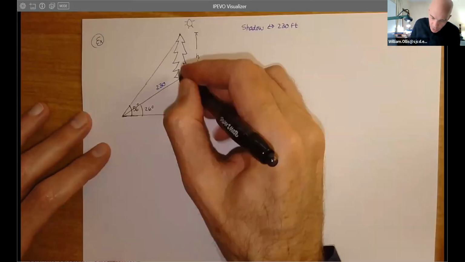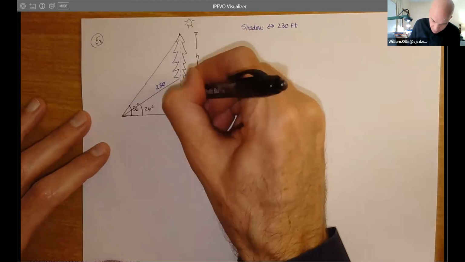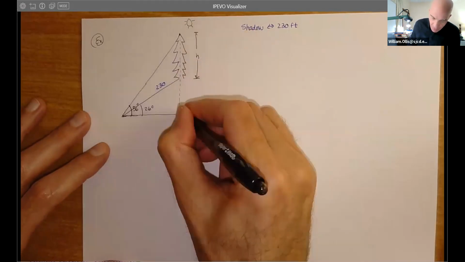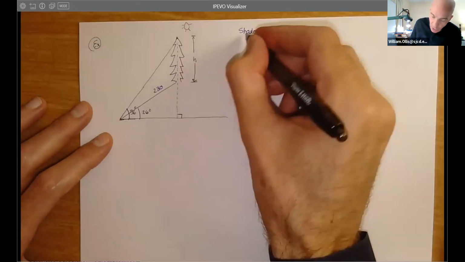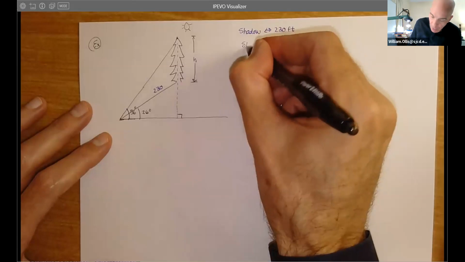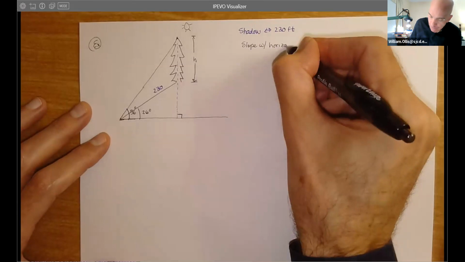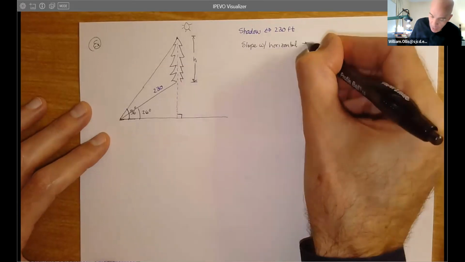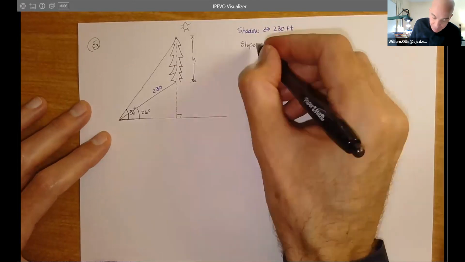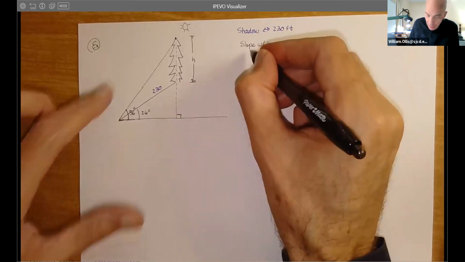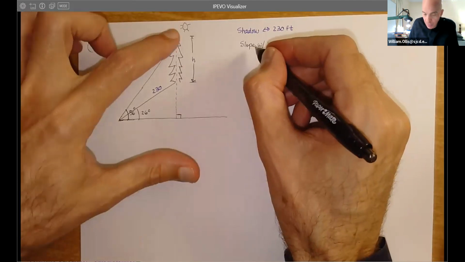And then of course you can just go ahead and dot through here to make a right triangle. So we're saying here slope with horizontal corresponds to 26 degrees. And then we have, again, the light beam.